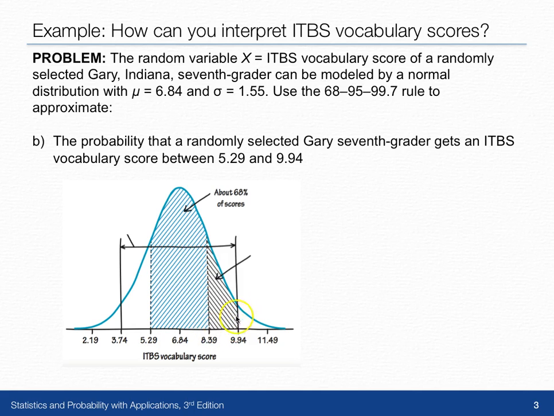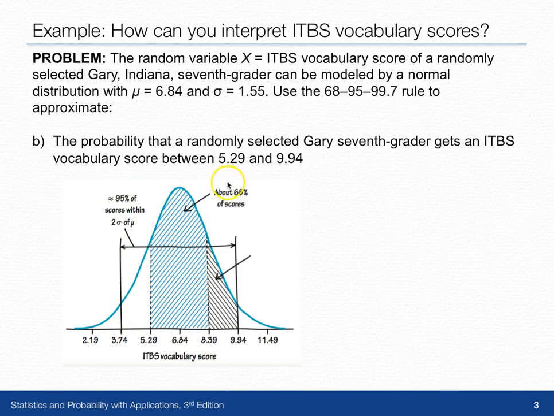Next, we have to add the percentage of scores that fall between 8.39 and 9.94. To find that, we'll note that about 95% of scores fall within 2 standard deviations of the mean. And we can use that fact to find this area because we know that the amount of scores falling in this area and this area between 1 and 2 standard deviations away from the mean is about 27%.